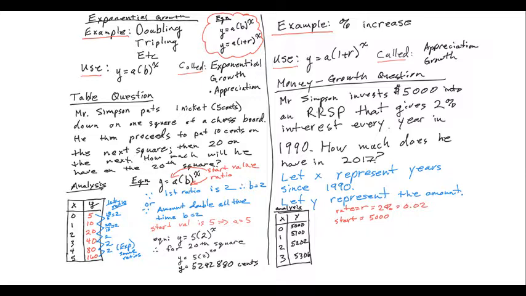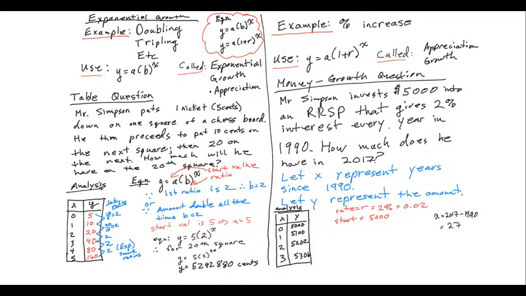In order to do the rest of this problem, we're literally going to have to figure out what x is. x originally starts at 1990, so to find our x value, we take 2017 and subtract 1990 from it. Doing so, you end up with approximately 27 years.